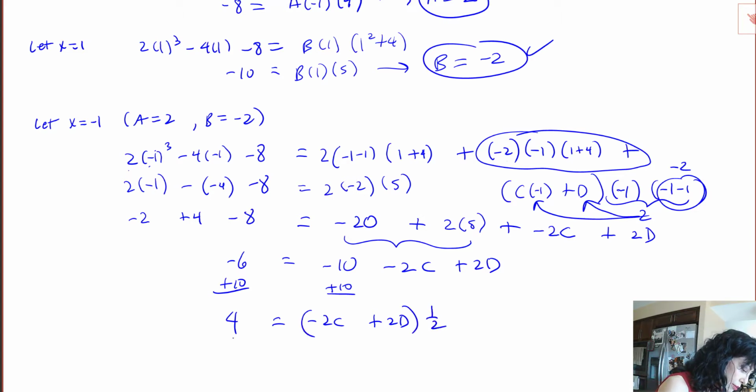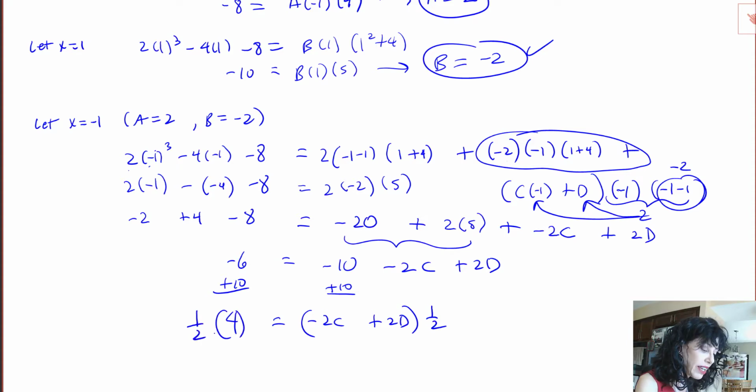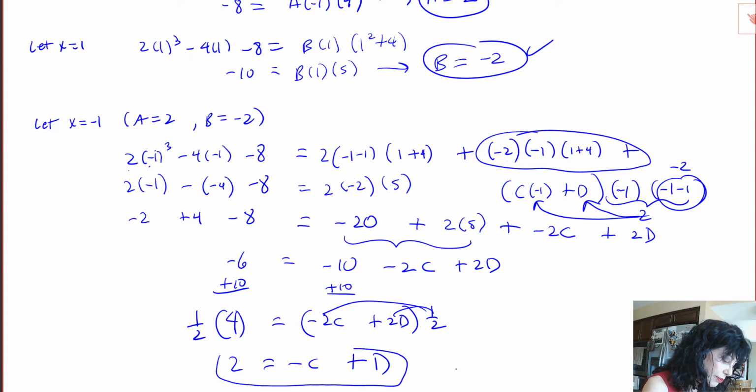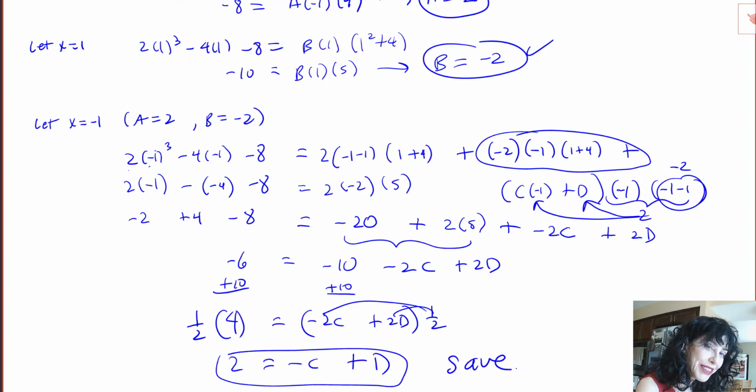How about if I multiply both sides of the equation by a half and then reduce, and I'll get 2 is equal to, after distributing the half, negative c plus d. So I'm going to save that equation for later. Let me put a box around it so I don't forget it. Save for later. I told you this was going to be intense.